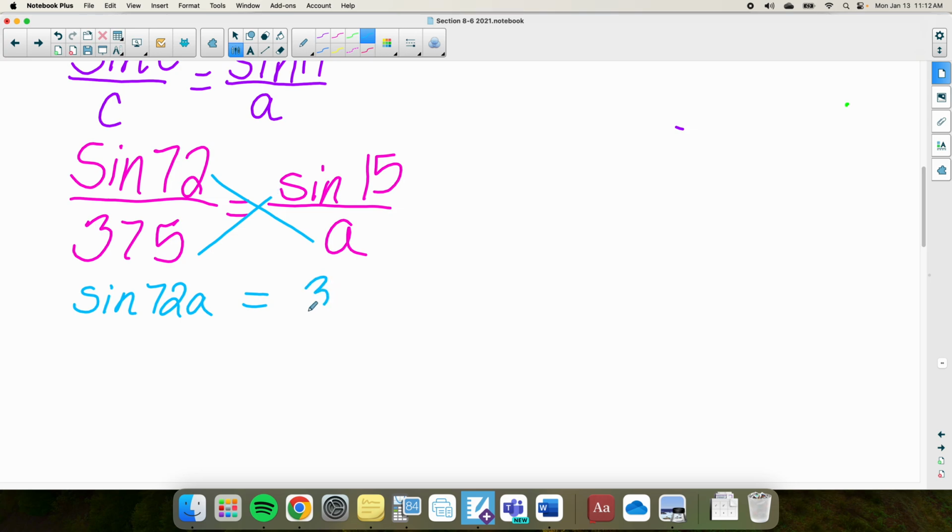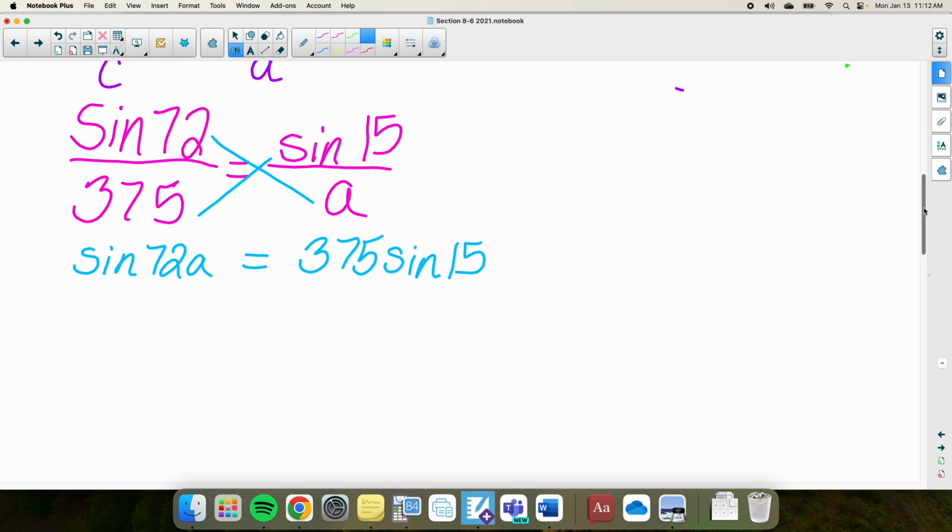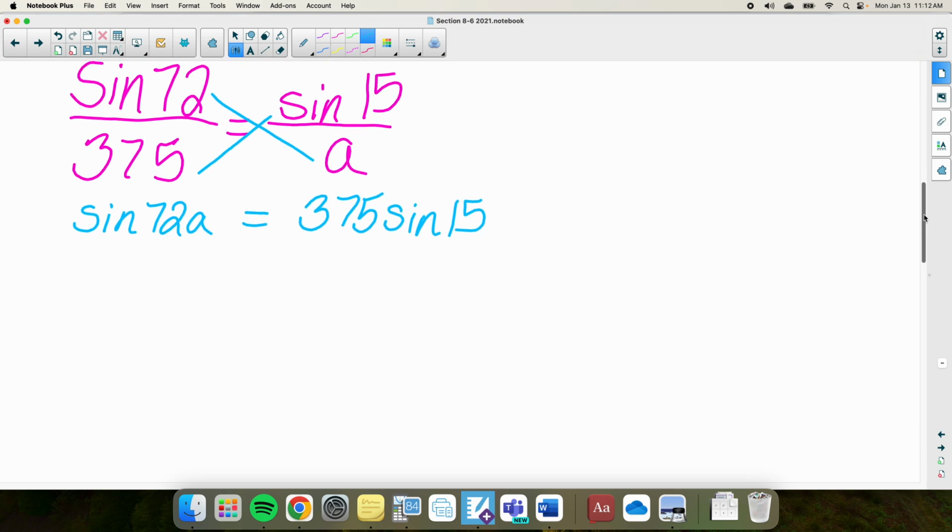So I'm going to write this as 375 sine of 15. Okay? Now, what I would do in this one is I would kind of solve for a before I punch it into my calculator. And do you guys agree these are multiplied? So to solve, I would divide by sine of 72.